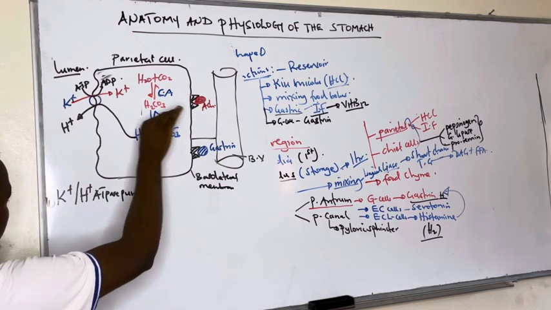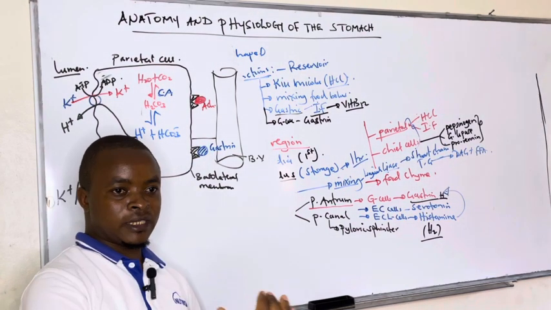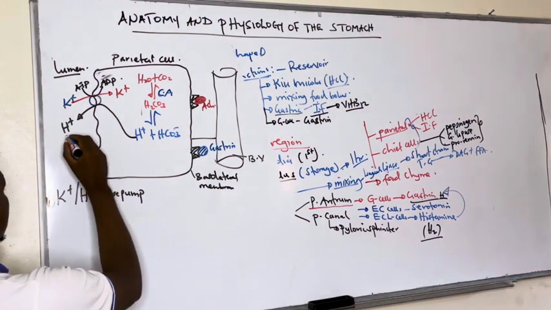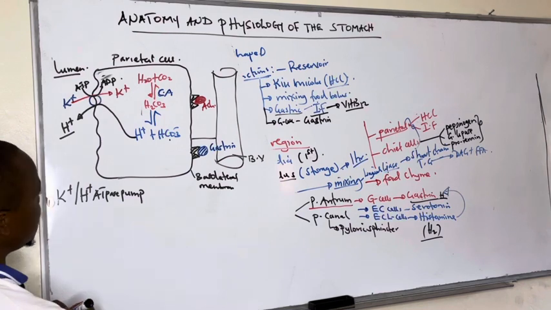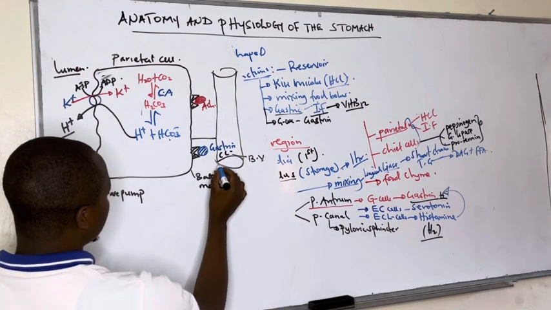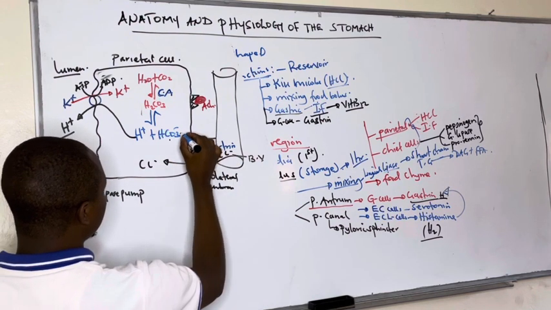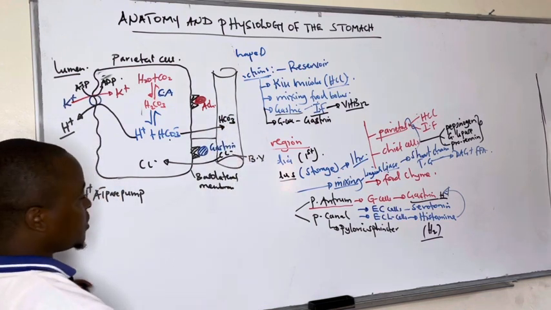As potassium is entering into the cell by active transport, it exchanges with the proton, the hydrogen ion. Then the bicarbonate formed exchanges. In the blood, we always have chloride ions, and these chloride ions enter into the parietal cell to exchange with the negative charge of the bicarbonate, which goes into the blood circulation.